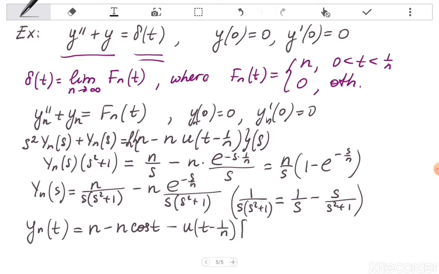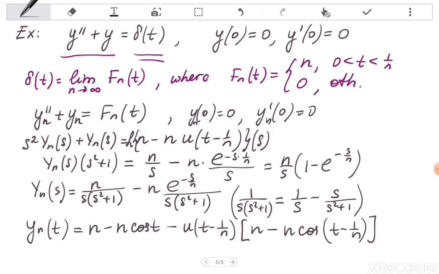And in brackets, we have the same difference: for 1 over s, this is just 1, and for the second part, this must be cosine again, but cosine at the point t minus 1 over n, by the translation formula for the step function. So yn is now this expression.